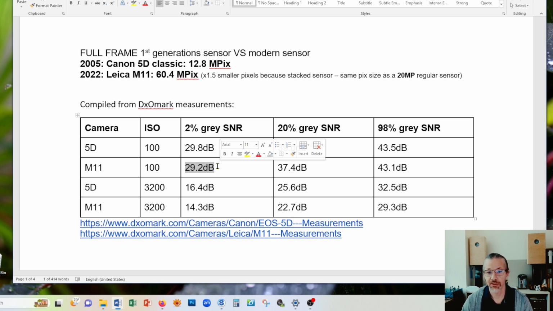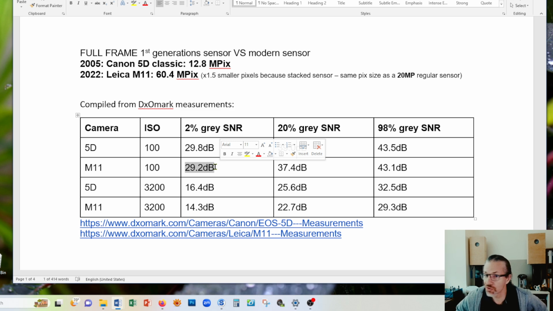And even though you would say, oh, but the M11 has 14 bits per pixel per color for raw data, and the 5D Classic has only 12 bits. Yeah, but it's using a lot of its 12 bits, and most of that is signal and very little noise, versus the M11's 14 bits, where there is much more noise.